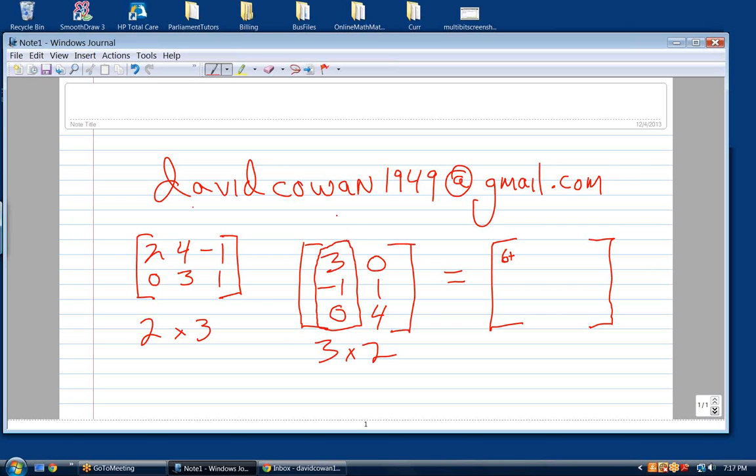You're lifting it up, rotating it 90 degrees, laying it on top of that row, such that the 3 lays over the 2, the -1 lays over the 4, and the 0 lays over the -1. So we have the 3 times the 2, and then we have -1 times 4, so that's a -4. And then we have 0, and so I know it's 0. So I add those 2 together, and I get +2.